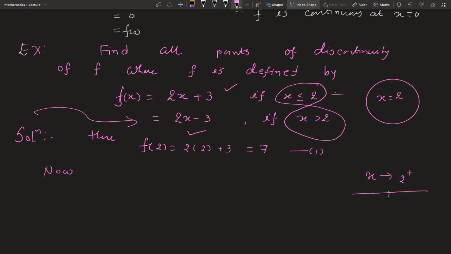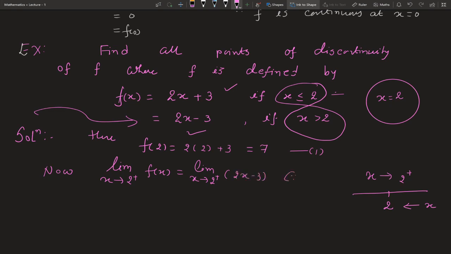This is real line, 2 from right hand side we have to evaluate. So limit x tends to 2 plus f of x, this is limit x tends to 2 plus value of the function 2x minus 3.